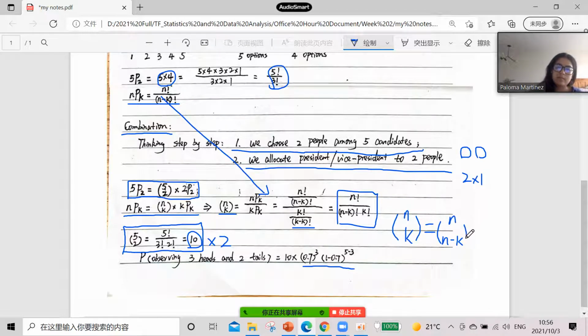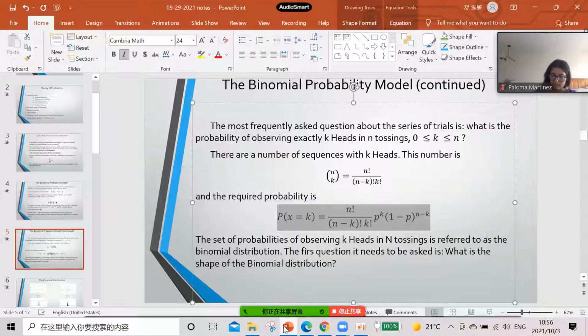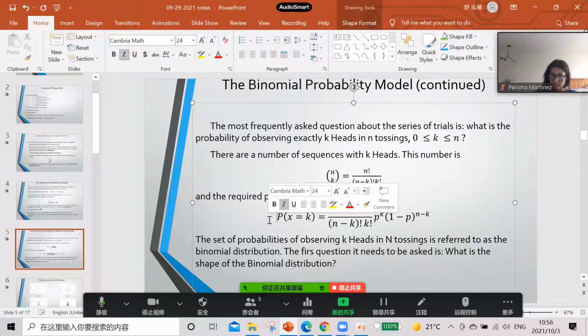This is in general cases. So that gives you a way to understand the formula that was discussed in the class.